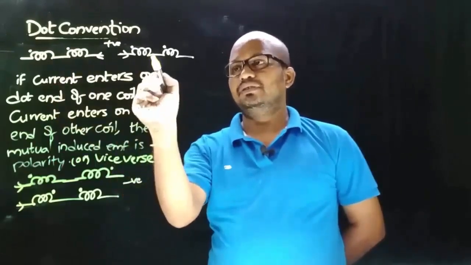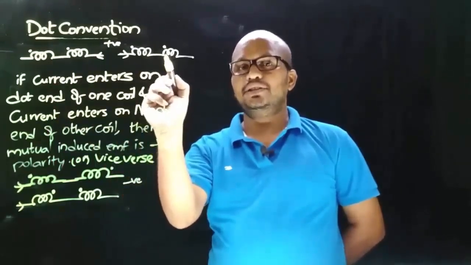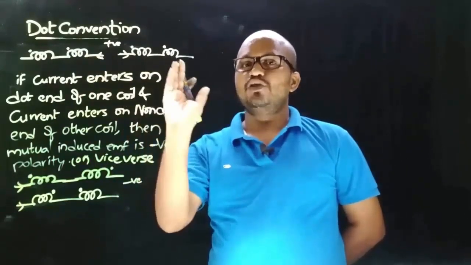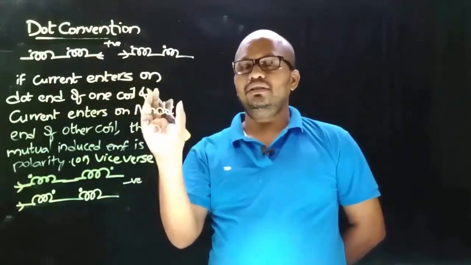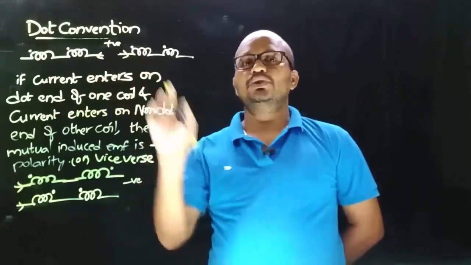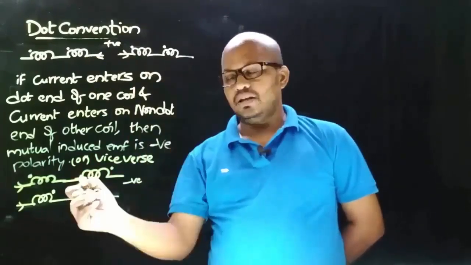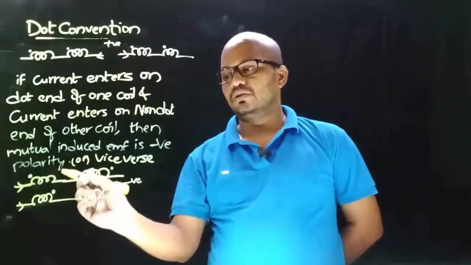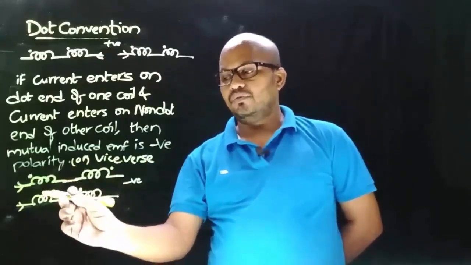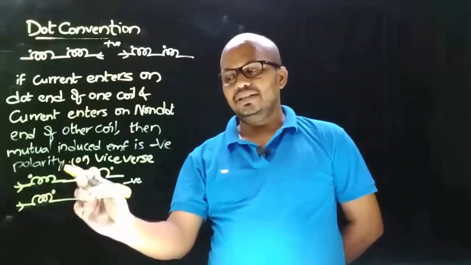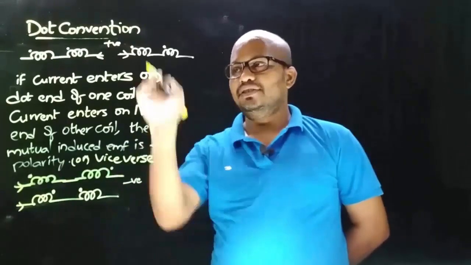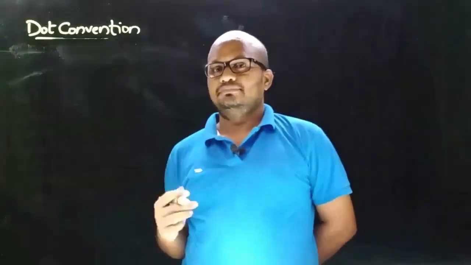And observe here also non-dot and dot ends are connected. So if the dot end and non-dot end of two coils are connected, then the mutual induced EMF is positive. And if two non-dot ends of two coils are connected, or if two dot ends of two coils are connected, then the mutual induced EMF will have negative polarity. This is a simple way to remember.